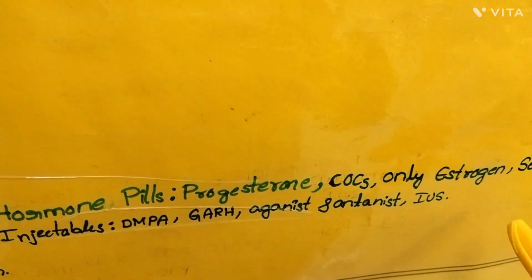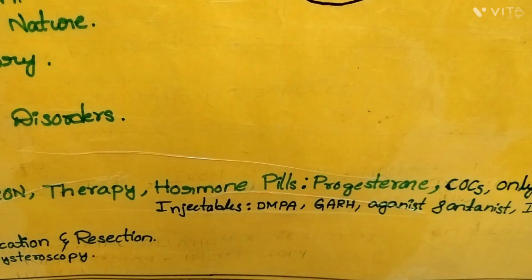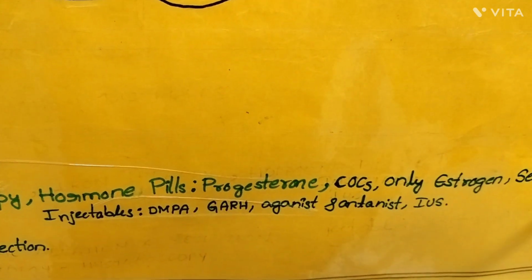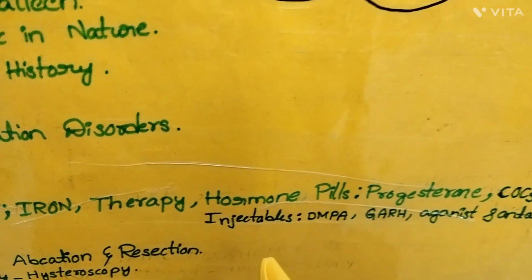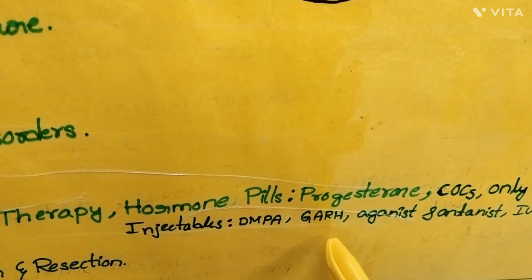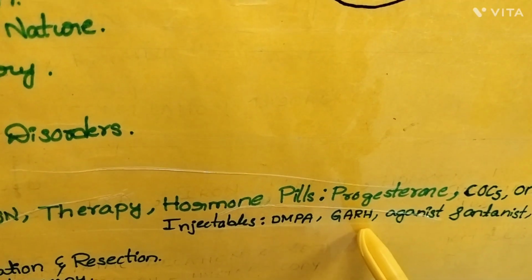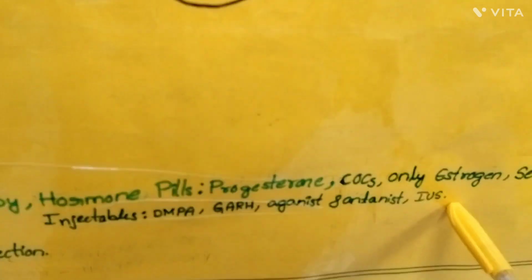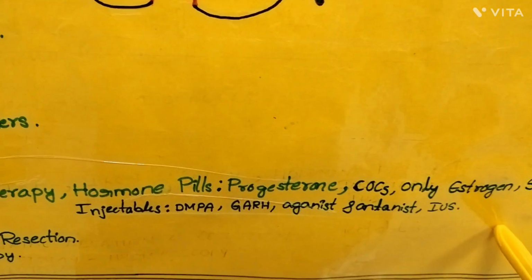And also danazol and some injectables like DMPA, Depo-Provera, or gonadotropin antagonist and agonist, or intrauterine systems like LNG IUS.